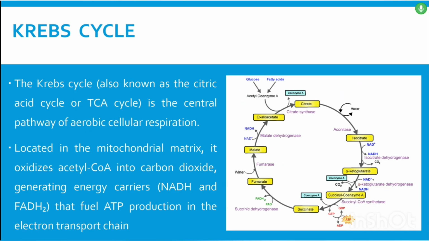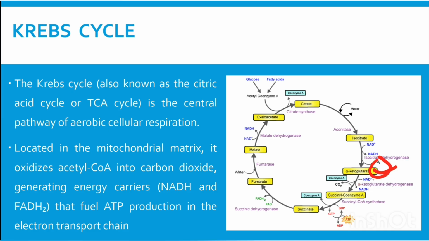Then the isocitrate forms alpha ketoglutaric acid by a decarboxylation reaction. Here oxidative decarboxylation of isocitrate takes place to form alpha ketoglutaric acid.